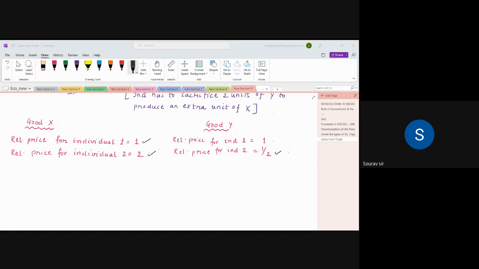Coming to the other way around, for good Y, we can see that the relative price for good Y is lesser for individual 2. So individual 1 might think that instead of me trying to produce good Y and sacrifice good X, it would be cheaper for me to get it from individual 2, and save money and get higher consumption. Right?